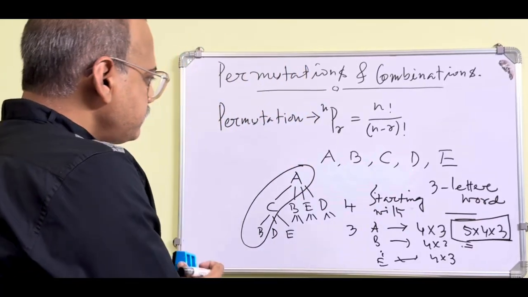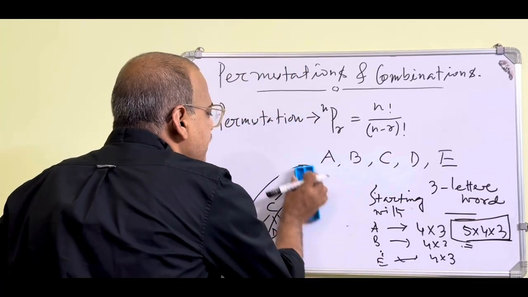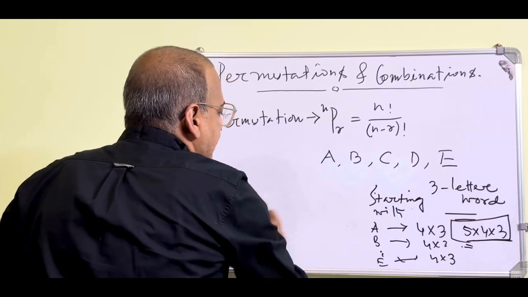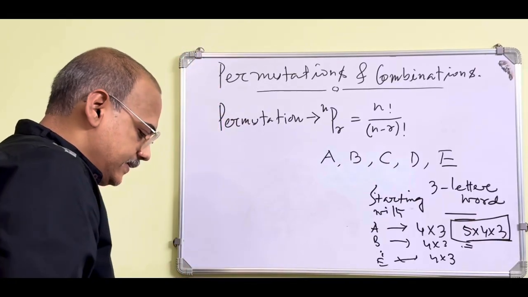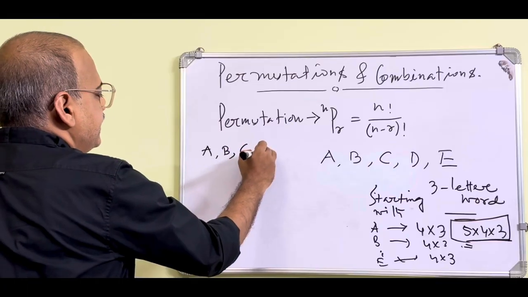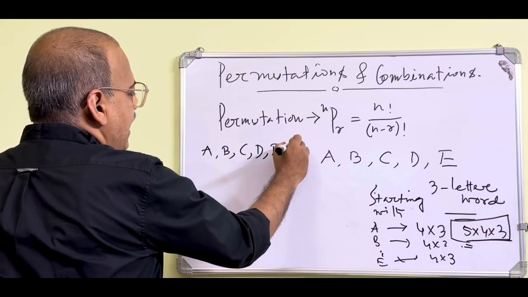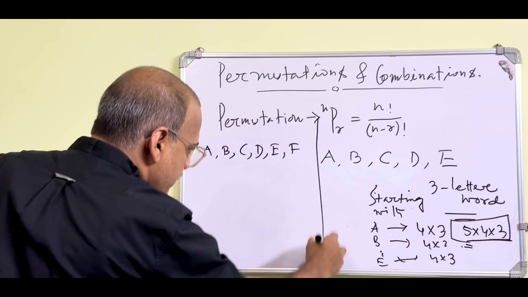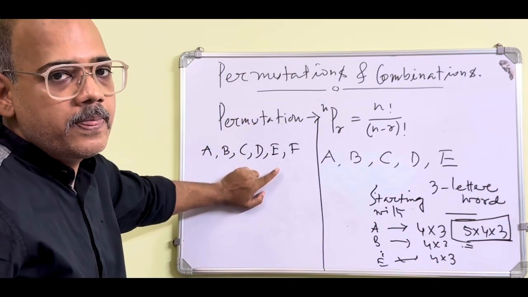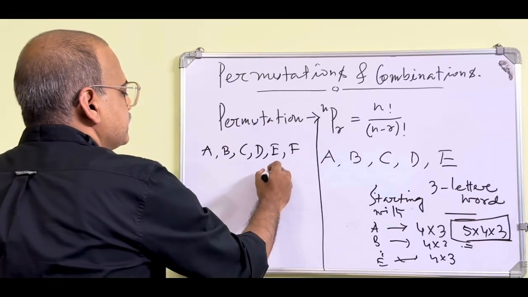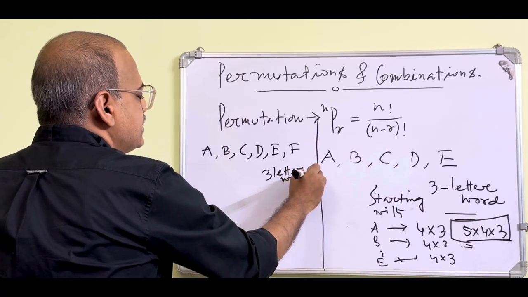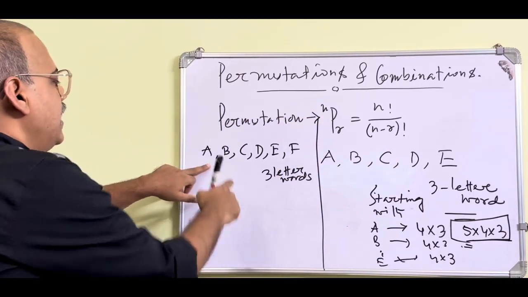Now, instead of 5 letters, let's say you are given 6 letters: A, B, C, D, E, and F. And you have been asked to form 3-letter words. So how many such words can I form?